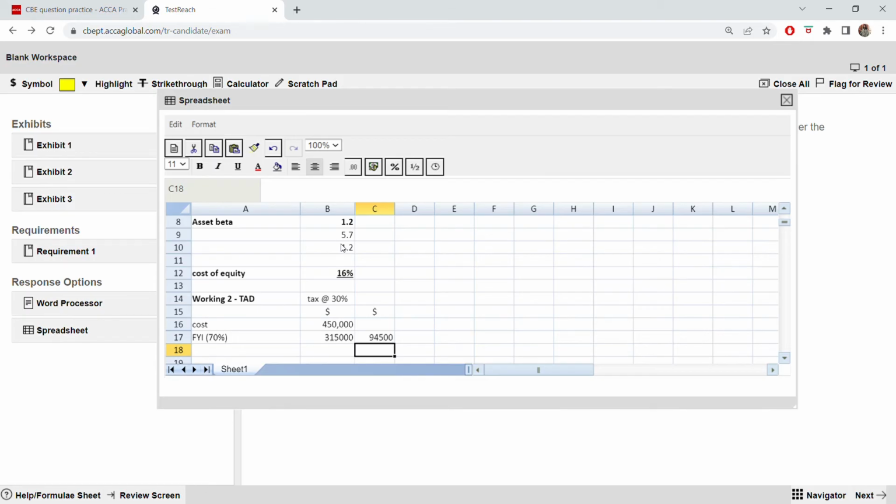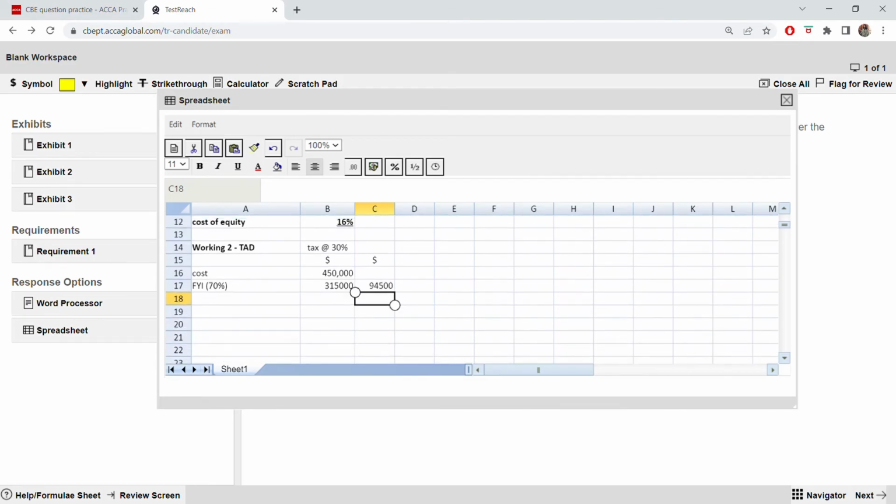It's a reducing balance. Okay, next, 2 years will be straight. So what is it? Deduct first year allowance from here and get it. Make sure this is with bracket. So 135,000.